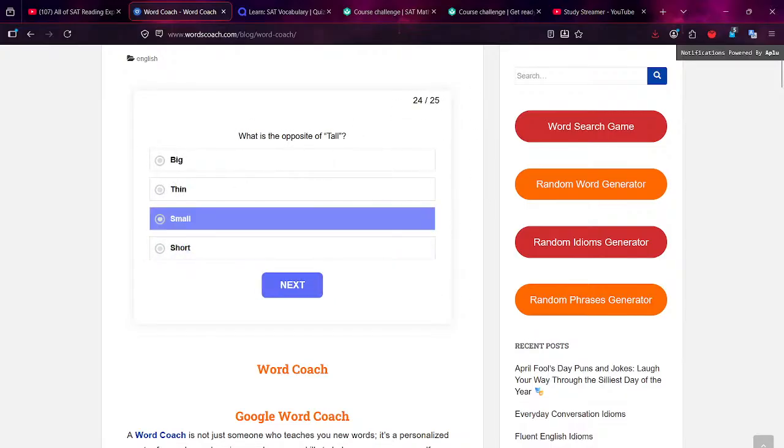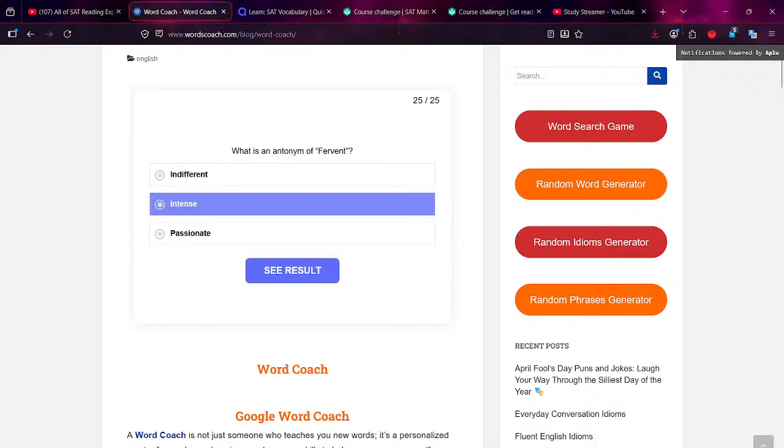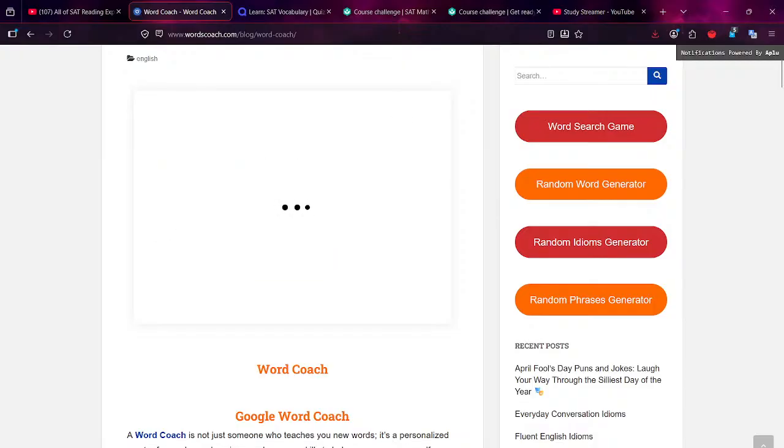Opposite of tall is going to be short. Fervent means you are very... It's like intense, basically. So the opposite of that is going to be indifferent. So let's see the score.